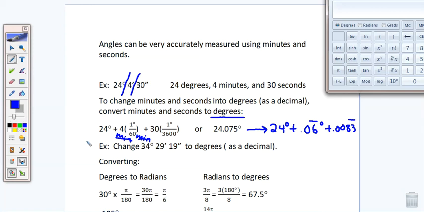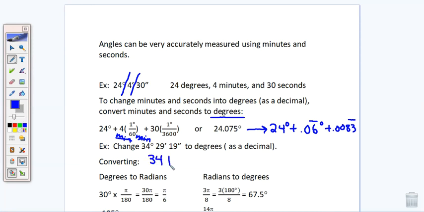Alright, so the first step, take 34 plus 29 divided by 60, because in every degree there are 60 minutes, and we have 29 of them. And then you add 19 divided by 3,600, because in every 1 degree we have 3,600 seconds.